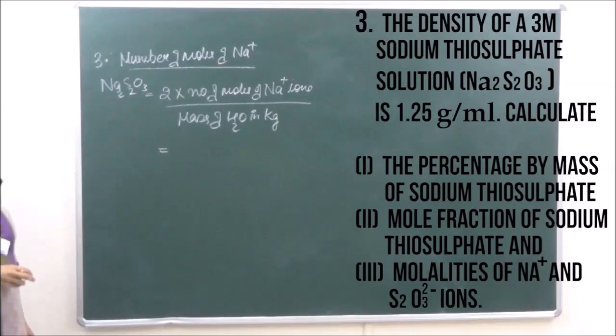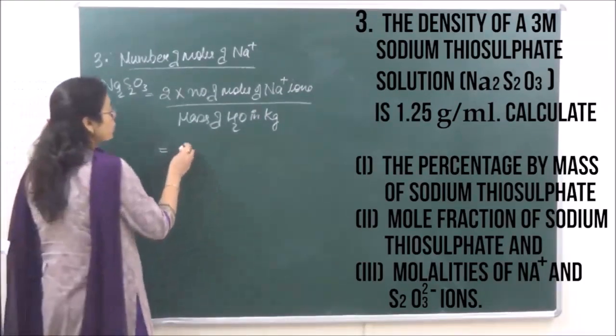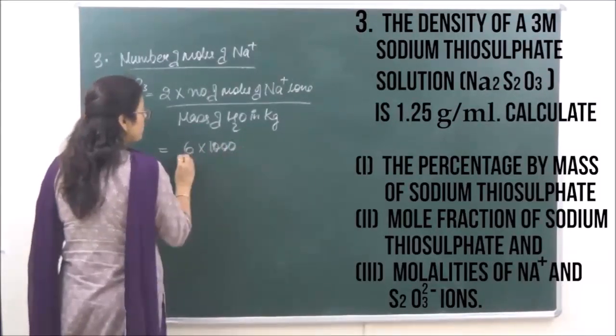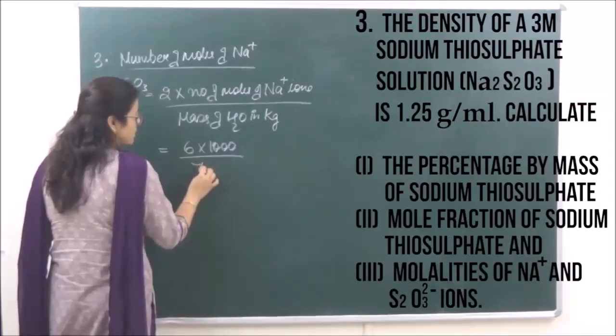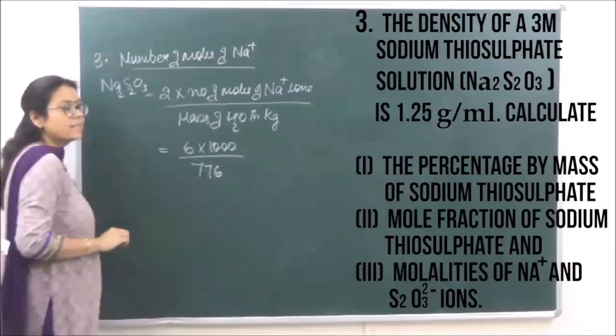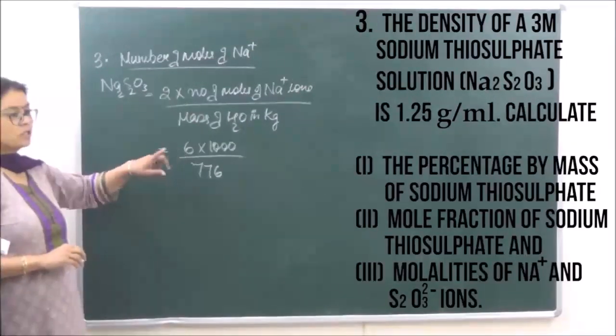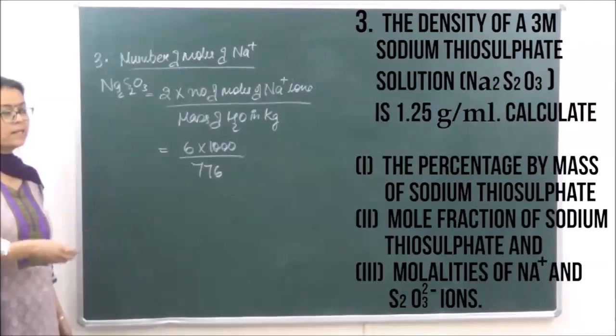776, right? 776 was there. So this is going to become 6 into 1000 upon 776. 2 into the number of moles of Na positive. The number of moles was how much? 3 moles, we just calculated.